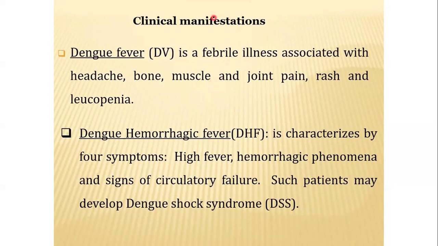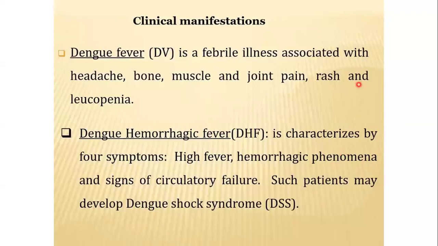You'll have the fever. Fever is due to your body trying to fight off those viruses. So fever is the response by your body. But now the fever is usually very severe. And then the hemorrhagic phenomenon, I think I had mentioned it earlier.